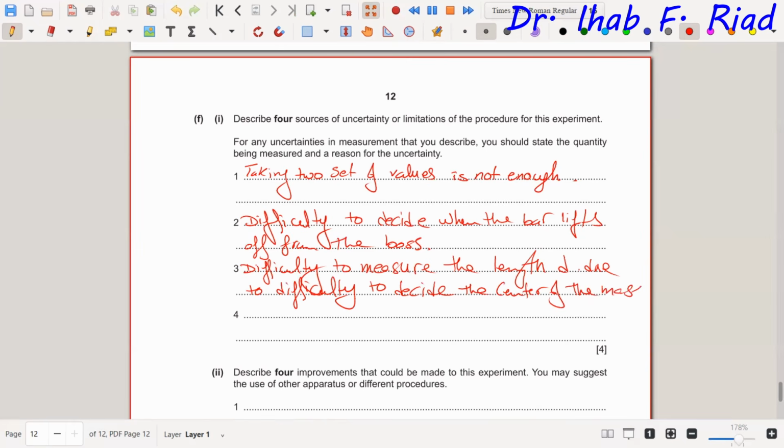Remember always when you are answering this part, you are saying which value you have difficulty with measuring, and why is that.